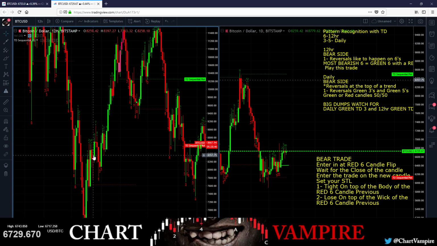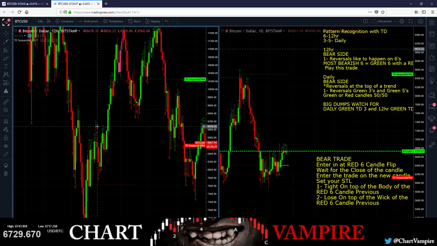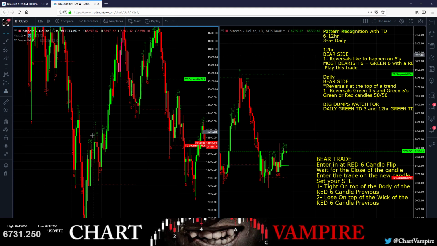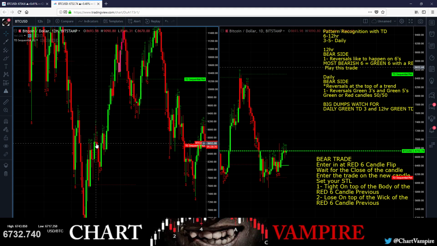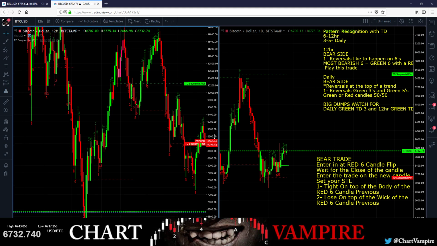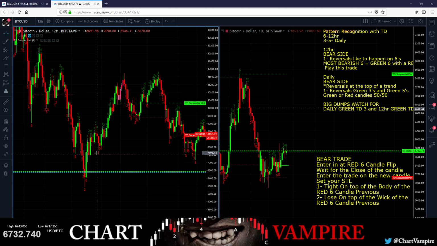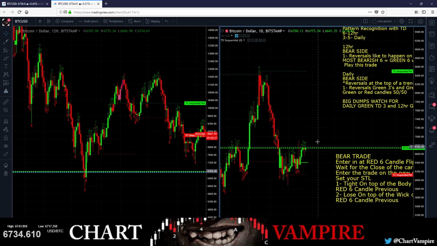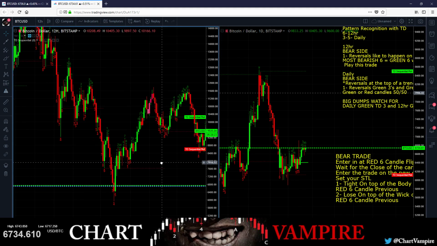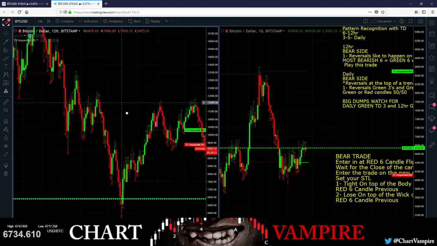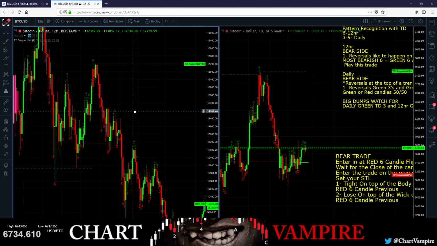Now this did get one more little leg up and printed off an extremely bearish 7, a green 7 here, which then did have a fallout, right? So we'd be watching over here to see what kind of a 7 this prints out. Is this going to print out a very bearish 7 or a bullish 7?